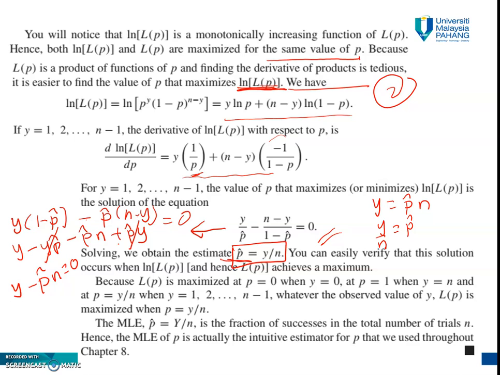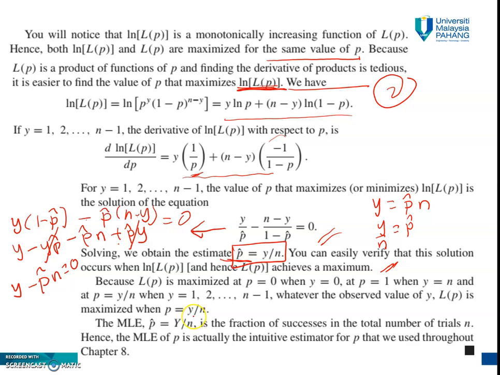Alright? Okay. So now you can easily verify that this solution occurs when ln L(P), and hence L(P), achieves a maximum. How is it? So you can see here, L(P) is maximized at P equal to 0 when y equals 0, and at P equal to 1 when y equals n. At P equal to y over n, when y equals 1, 2 until n, whatever observed value y, L(P) is maximized when P equals y over n.